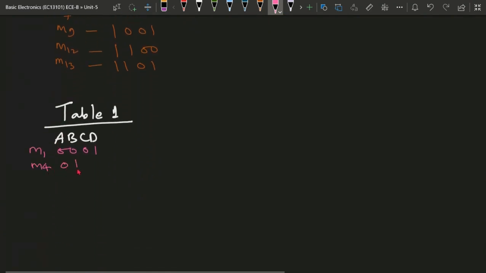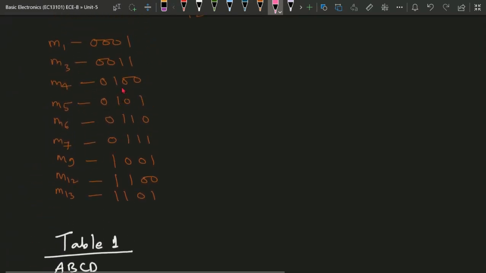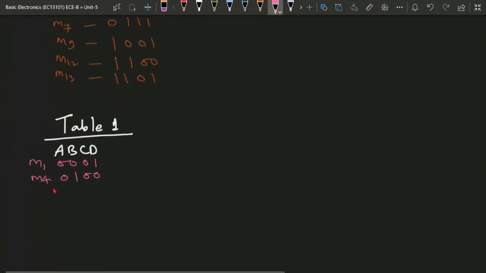M4 will be 0100. Then no further term is there that is having the number of ones as 1. All others are having more than 1 number of ones. So this is group 1. Similarly, we will be making the next group.